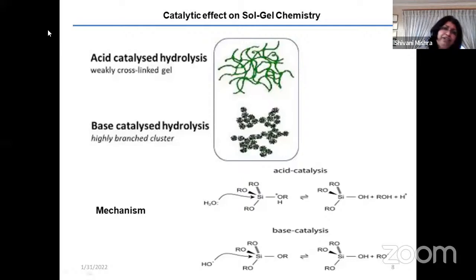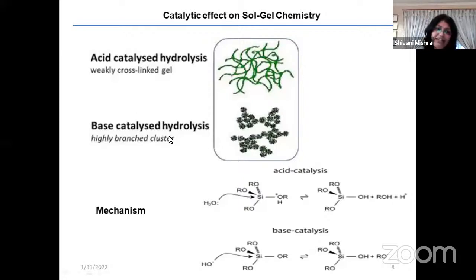So if I use in the reaction some kind of acid, for example, sulfuric acid, the most chosen one here, the integrated network will be like an entangled, fibrous, branched kind of structure.